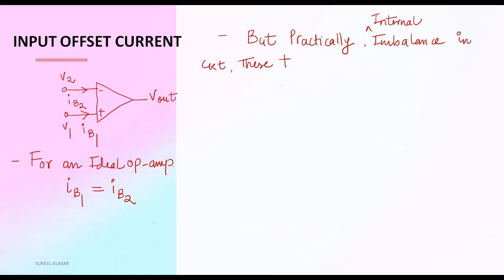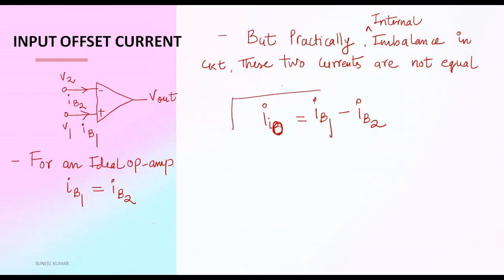So the difference of these two currents, the non-inverting terminal and inverting terminal currents, that is IB1 minus IB2, becomes IO. So IO is equal to IB1 minus IB2.